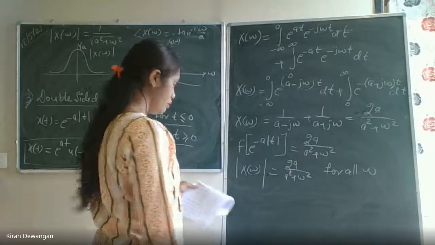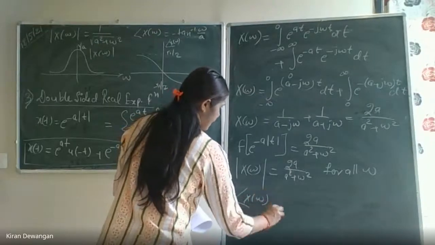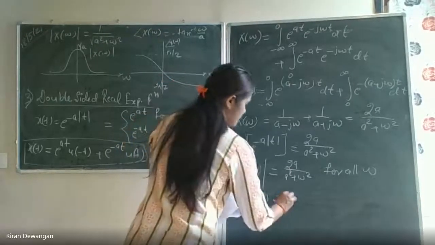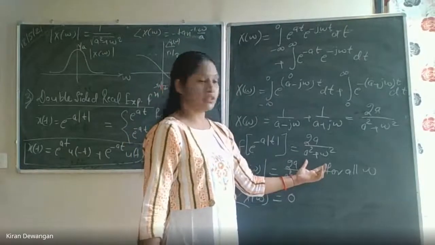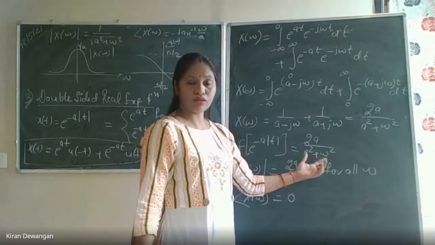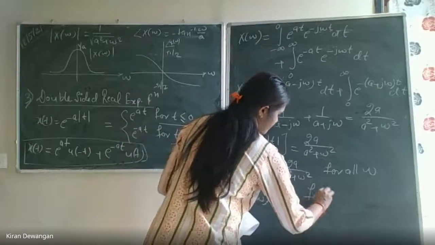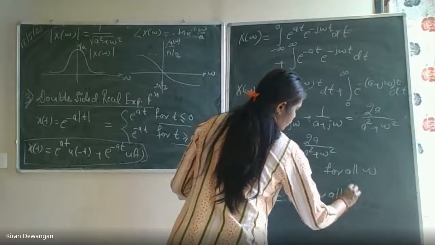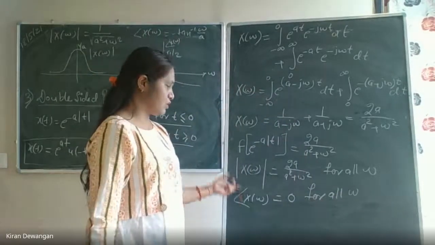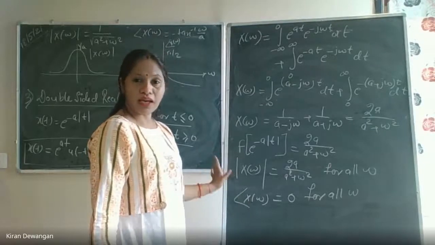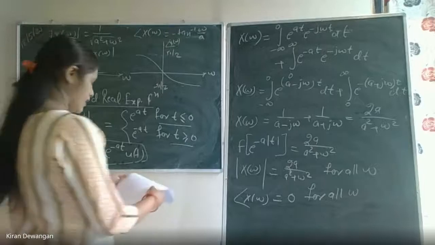And what would be the phase of it? The phase of X of omega will be 0 because the imaginary part is 0, so it will be 0 for all omega, and this is the magnitude. Is this thing clear now? So that is how we have obtained it for the two-sided function.